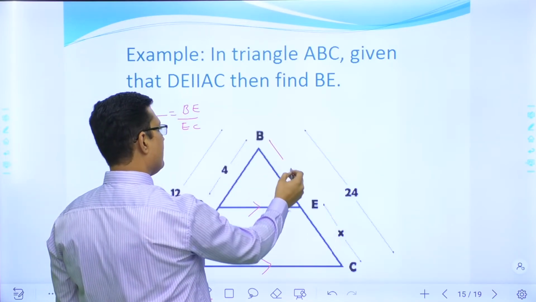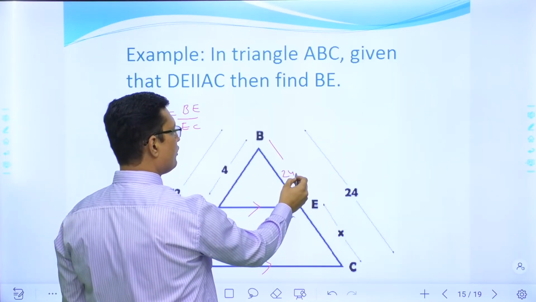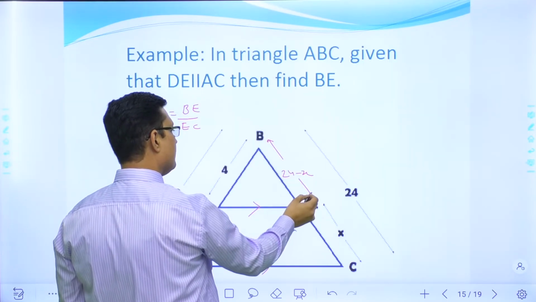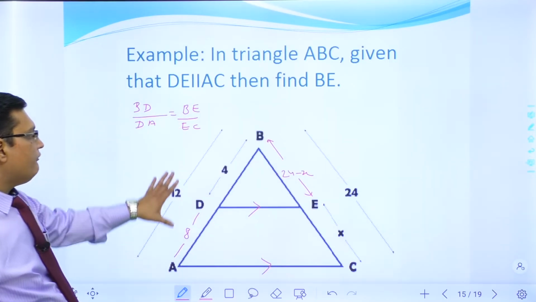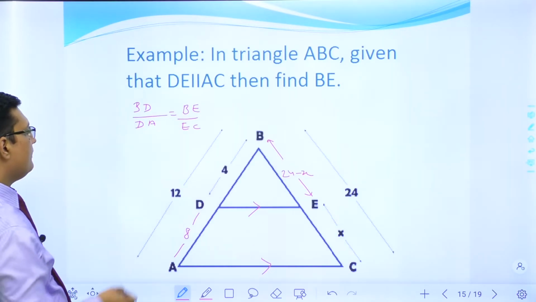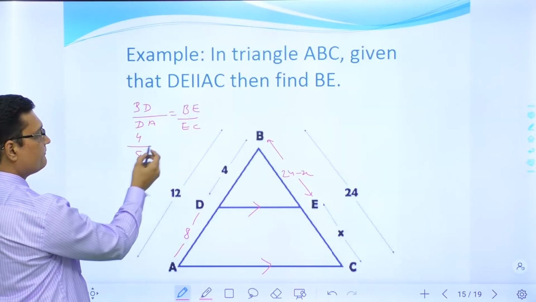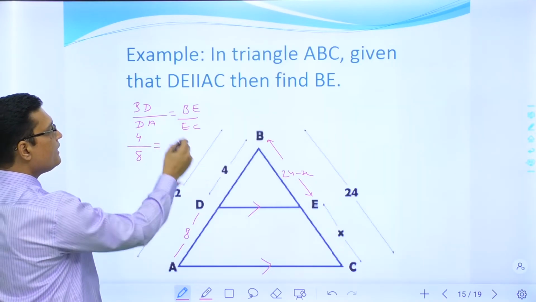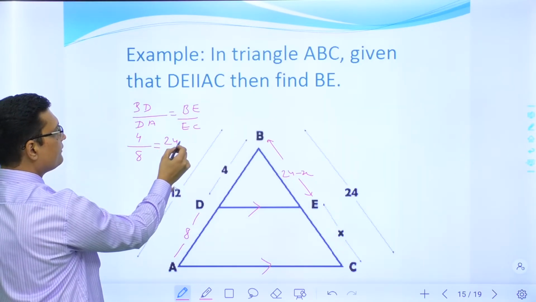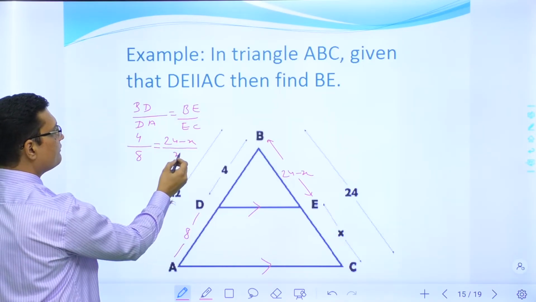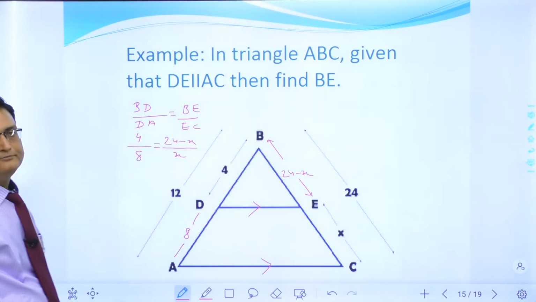Here I can say it is 24 minus x. This is BE. Now I will put the values in BPT. BD value is 4, DA value is 8, BE value is 24 minus x, and EC value is x.